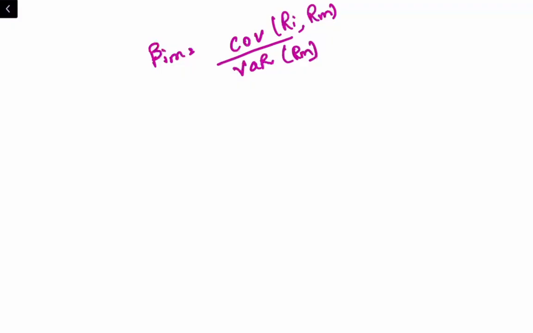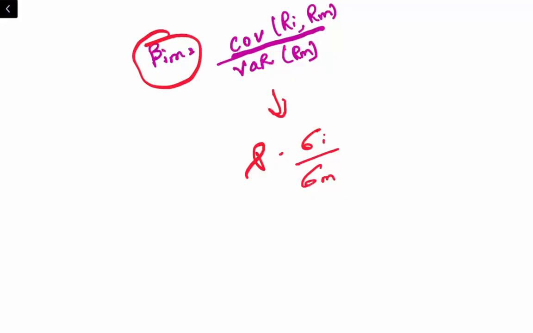Now I can replace the covariance with correlation. So how is it going to be written? If I convert it with correlation, then correlation multiplied with the sigma of the asset, multiplied with the sigma of the market. So now I got the value of the beta.